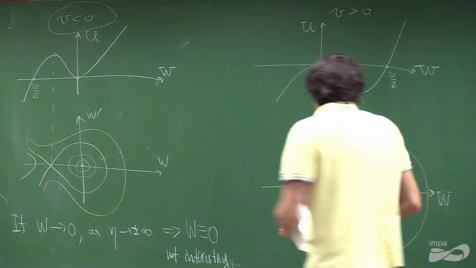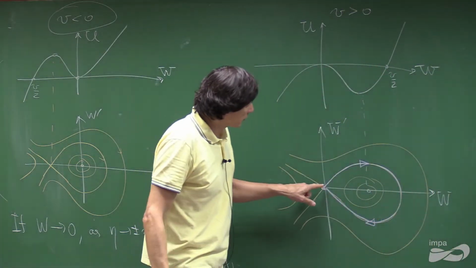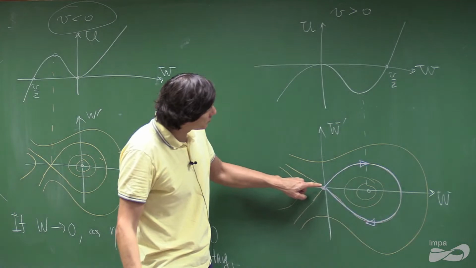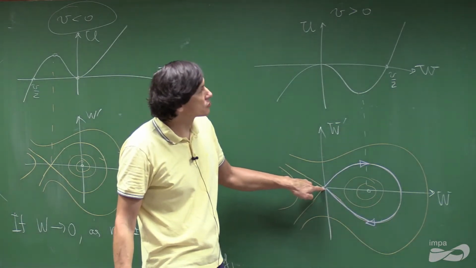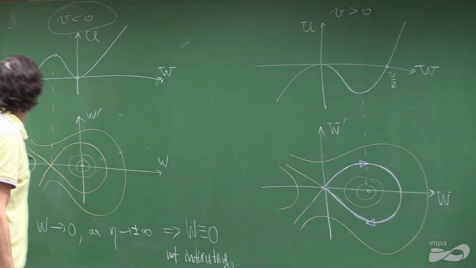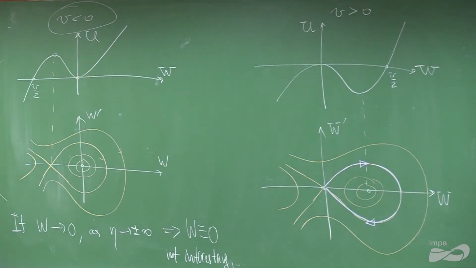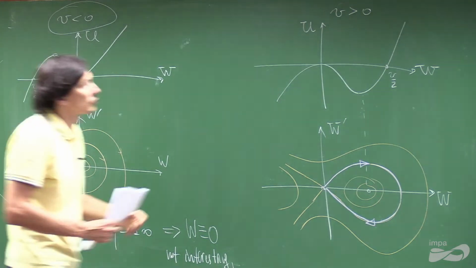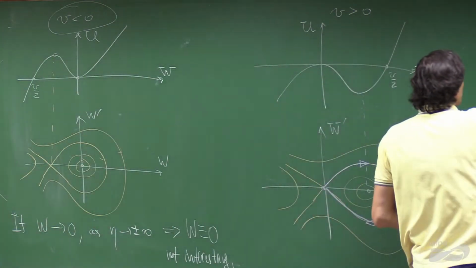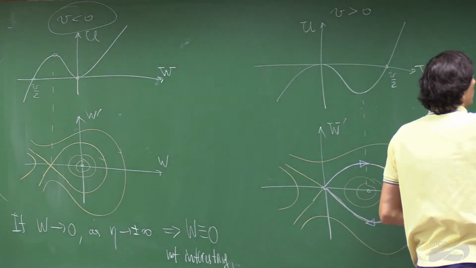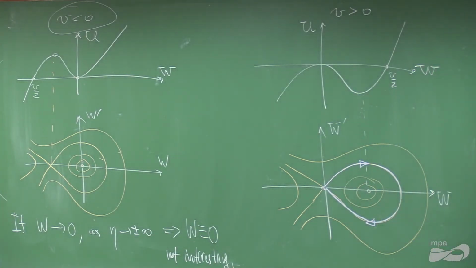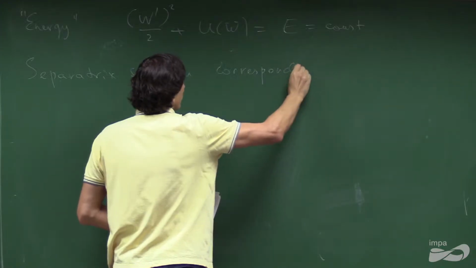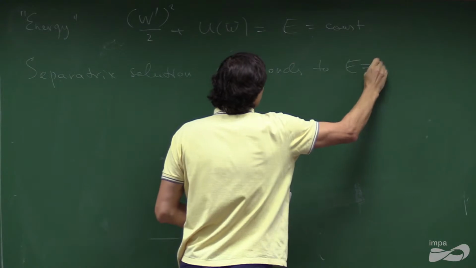But we can compute this energy. This is the energy of the separatrix, so the same energy as the energy at the origin. But at the origin, everything is 0. You see, U is 0 and W prime is 0. So that means that the separatrix solution corresponds to energy equal to 0.